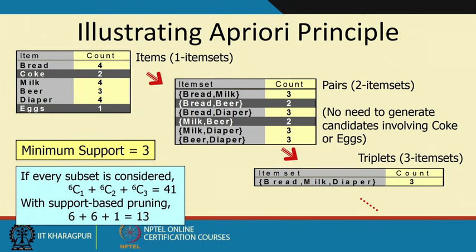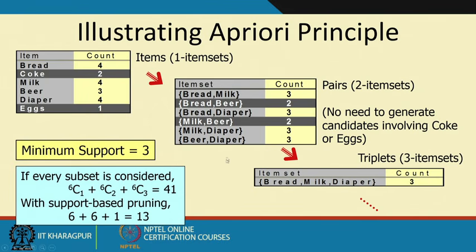From the one item sets, I note that in the two item sets, the black ones which are infrequent are ruled out as candidates, they do not appear. Only the remaining ones I combine to get these two item sets.